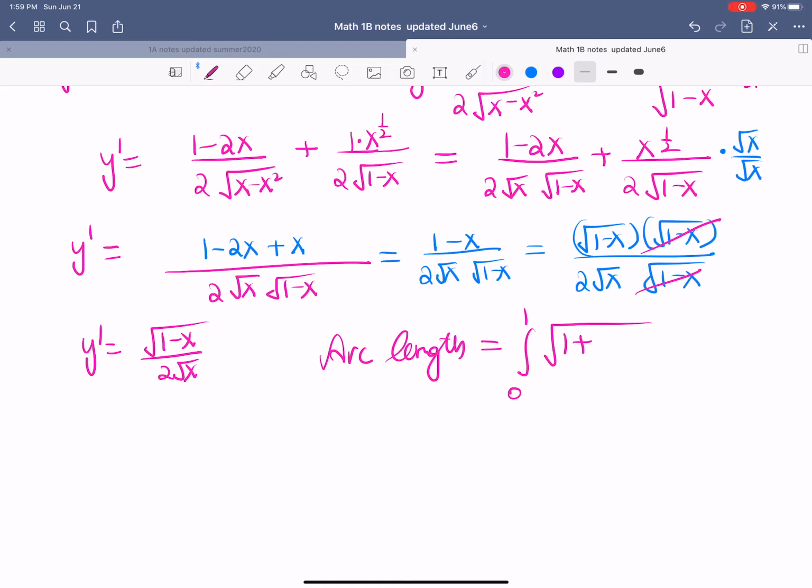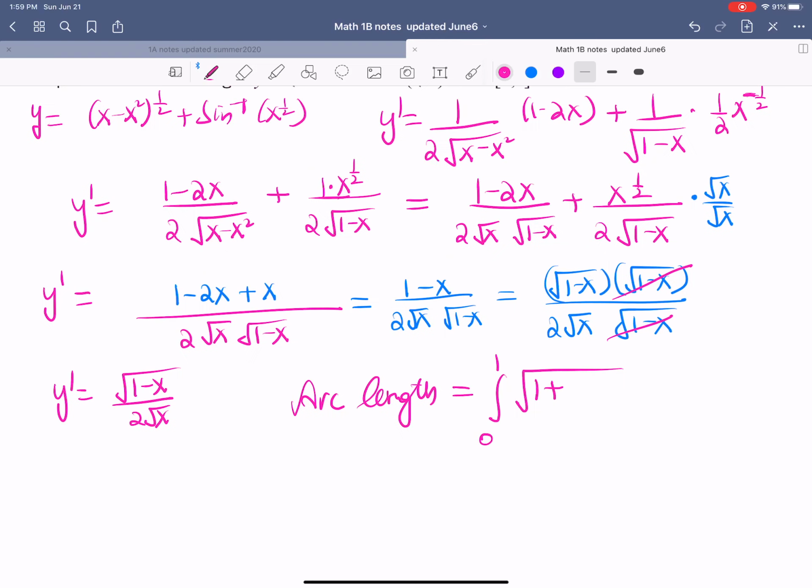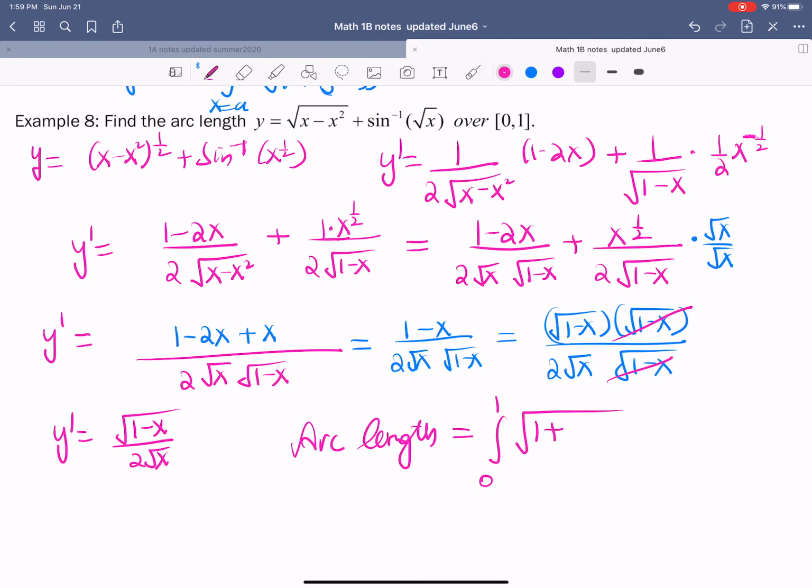let's see, 1 minus 2x. Let's double check my work here. 1 minus 2x, that's 1 minus x.